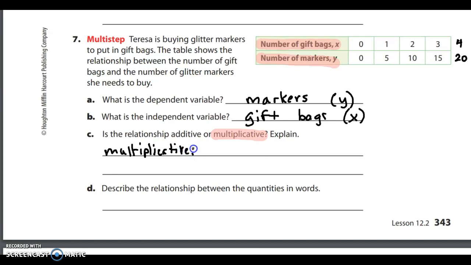When it says explain, I would say we are multiplying the x values by 5 to get the y values, I guess.